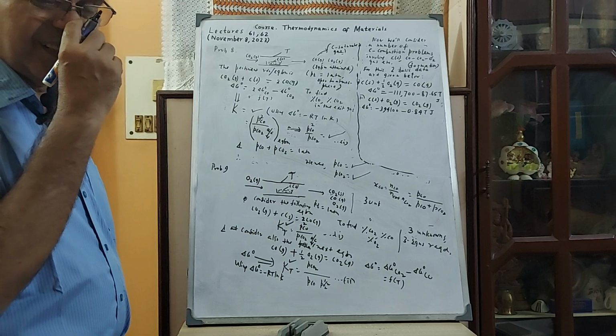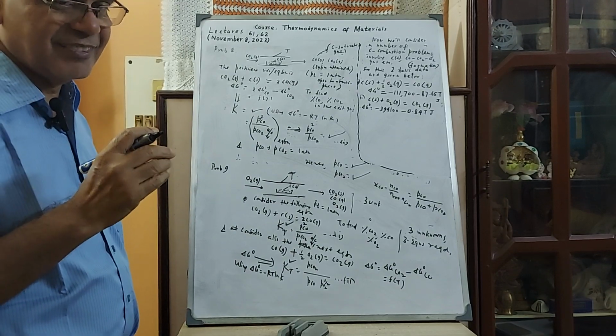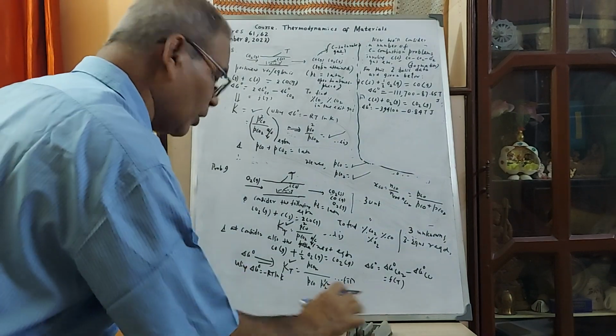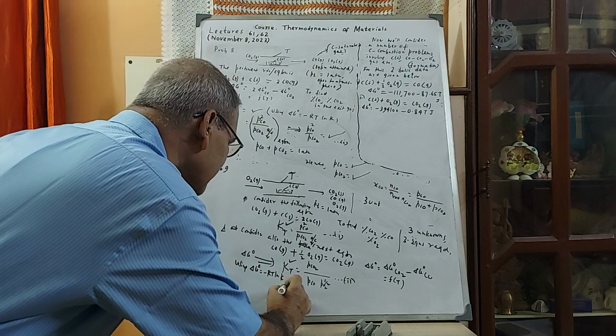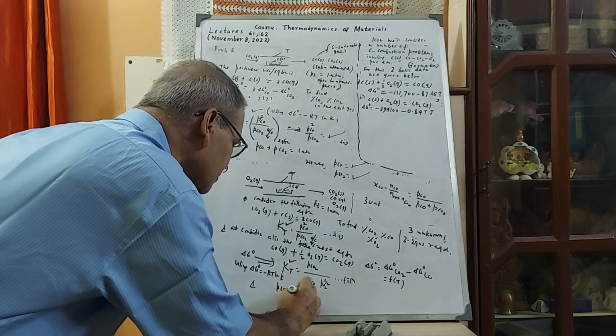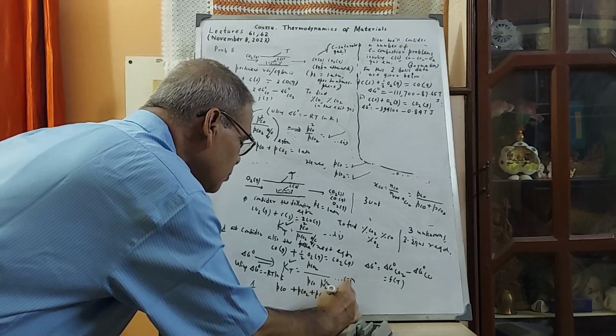Yes, PCO2 plus PCO plus PO2 equal to PT. All three together constitute the total pressure, so this is a relation. The third is PCO plus PCO2 plus PO2 equals P total.